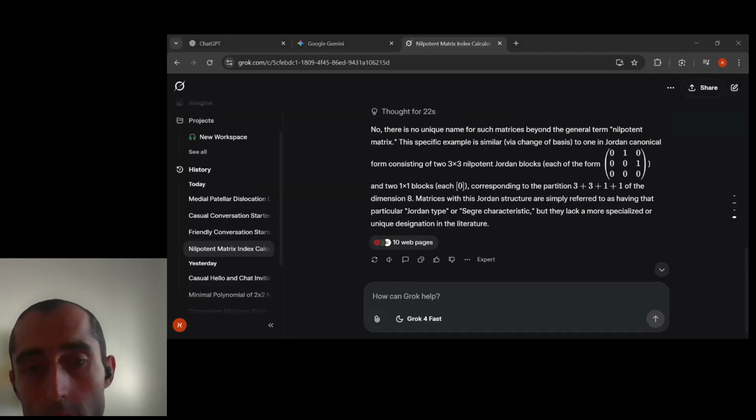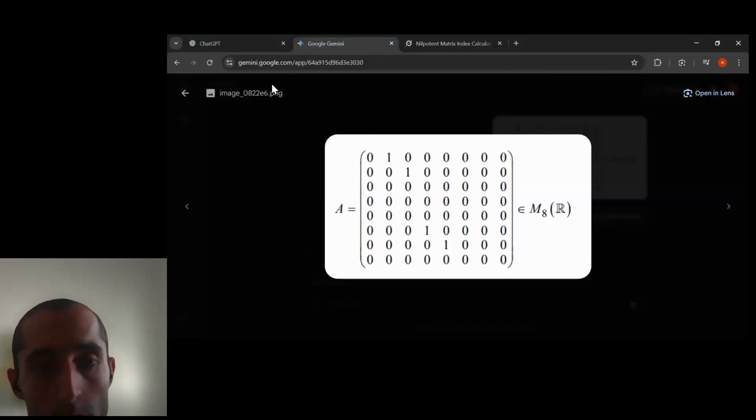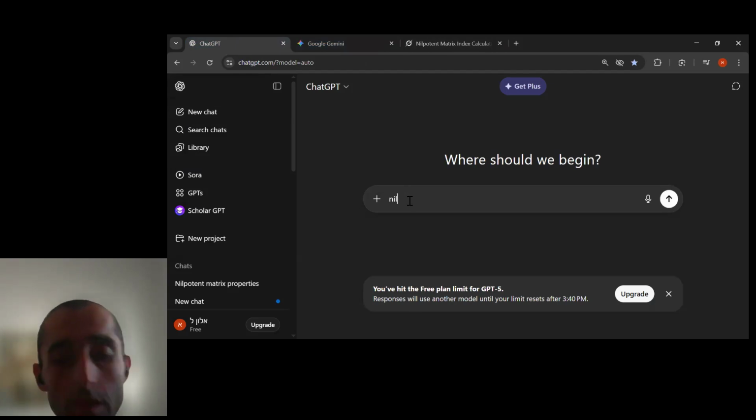The next thing that I want to talk to you about is that a nilpotent matrix is never invertible. And why is this? This is because we said that there is an eigenvalue that equals 0. In fact, all its eigenvalues equal 0.